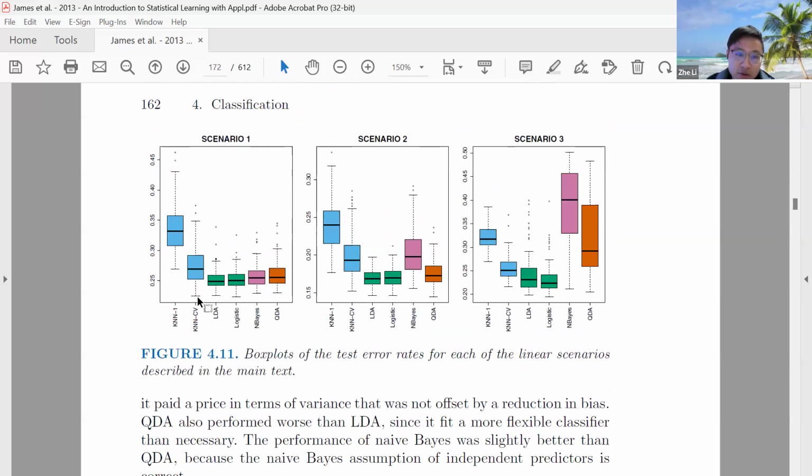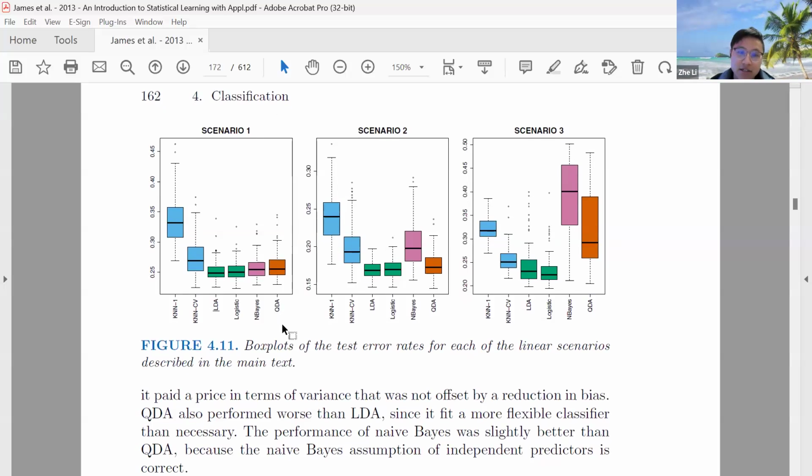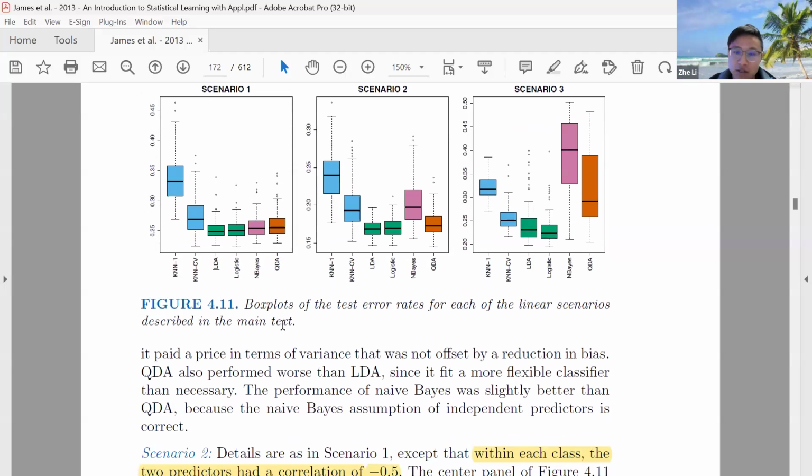The more flexible solutions, such as KNN and QDA, do not capture the best performance. So it is not the case that the more flexible the model, the better. It depends on what the underlying data set is.